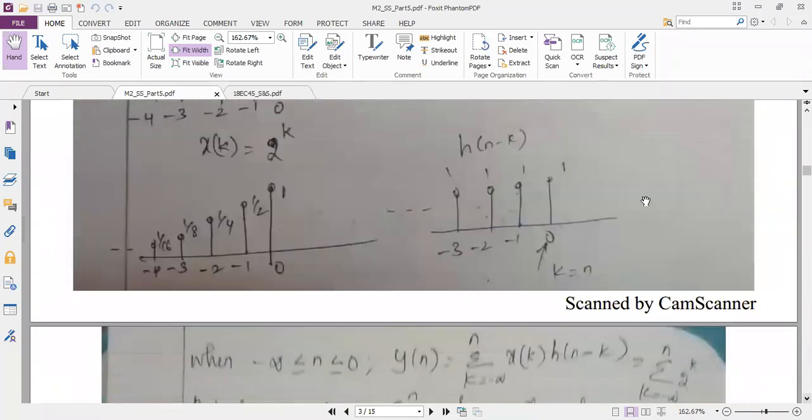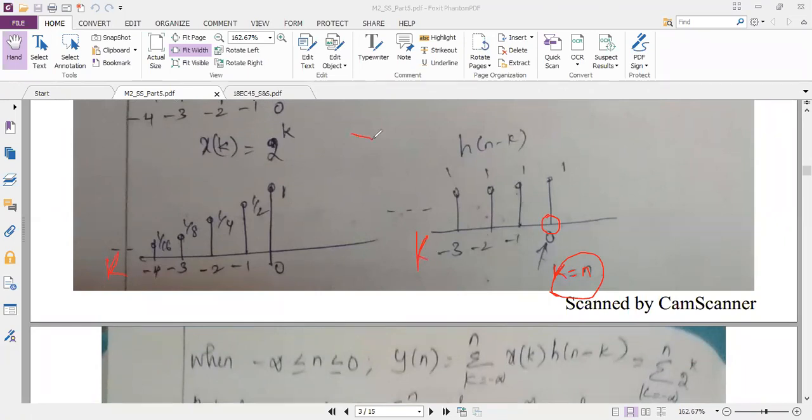Now in continuation, I have just marked k equal to n. Here my samples are starting at the origin, so I have only one marking in this diagram. Before going to the next slide, I want somebody to tell me at what values of k. Now everything is k, the domain is k here. At what values of k will I get the output?